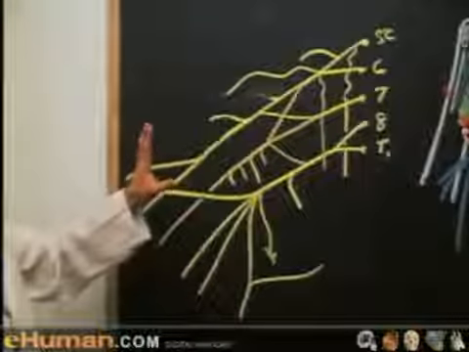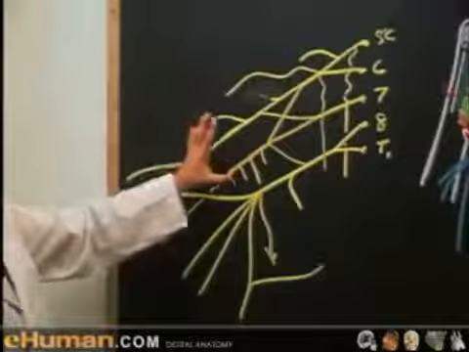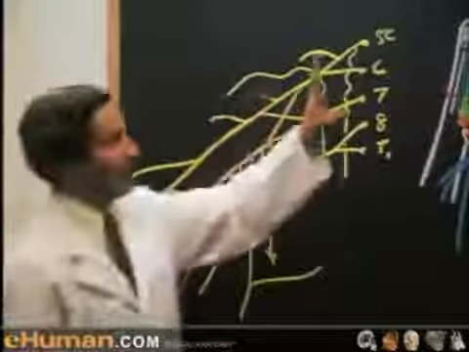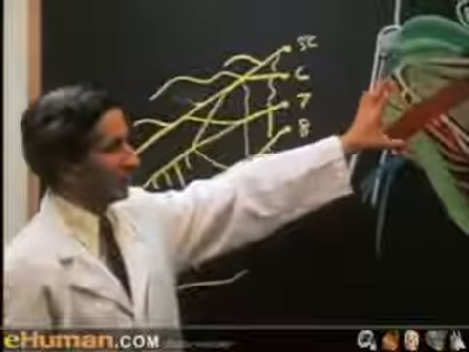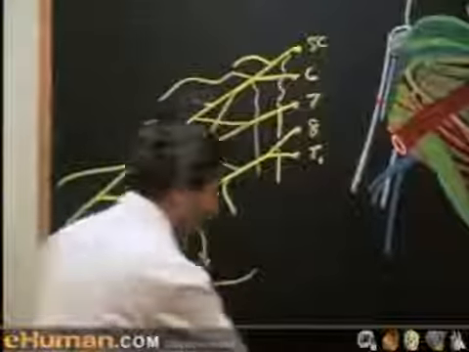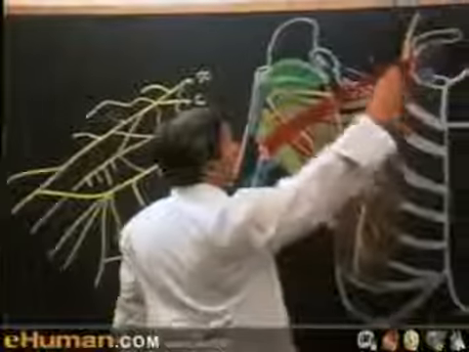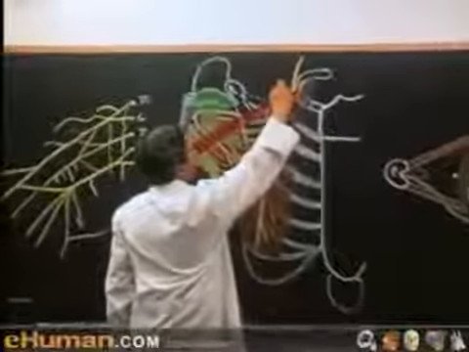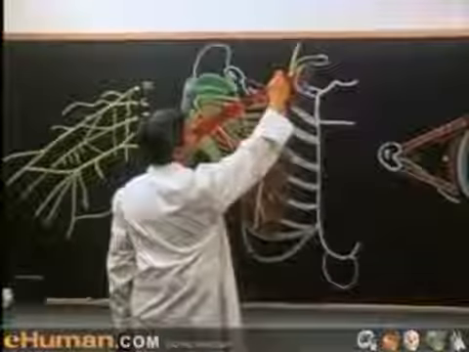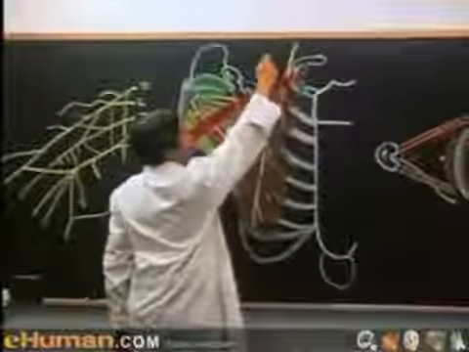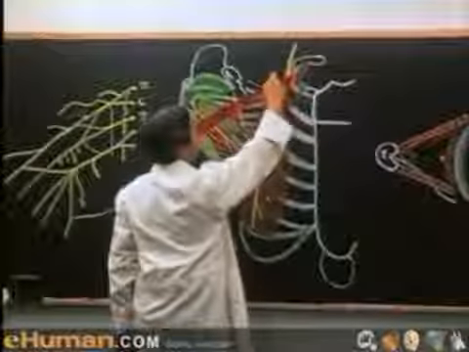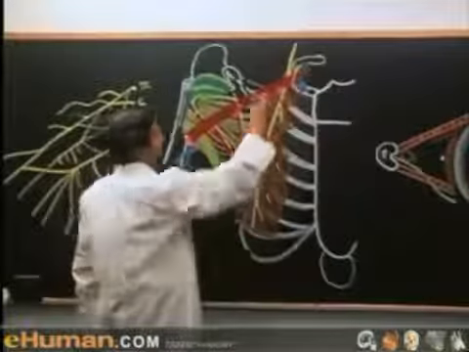Now what we must do now is relate this brachial plexus to the axillary artery in this drawing. Let us first of all be quite clear that all three cords of the brachial plexus are lateral and above the first part of the axillary artery.